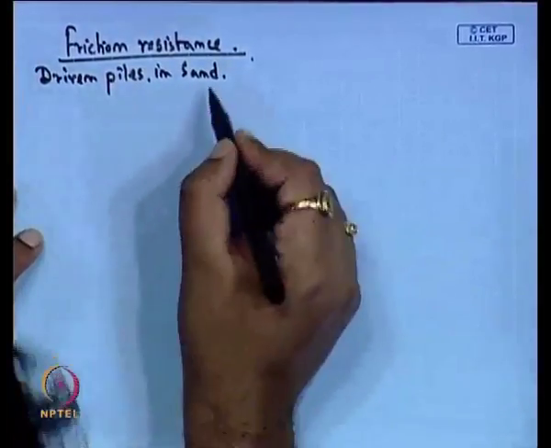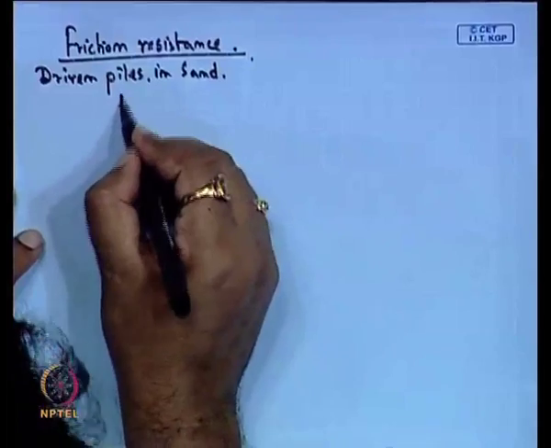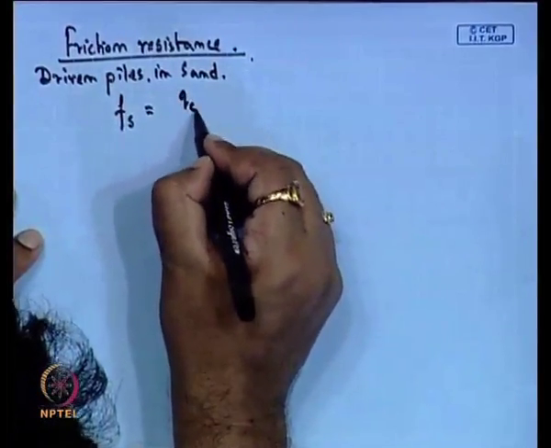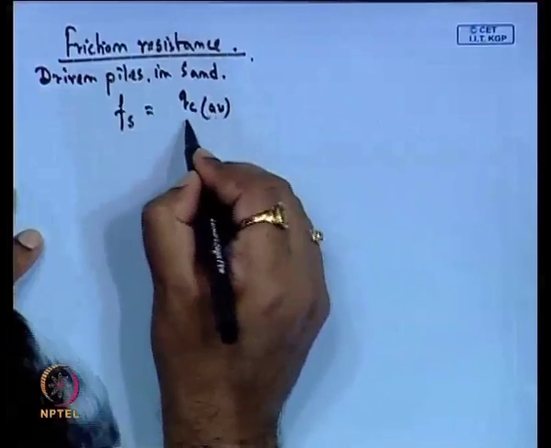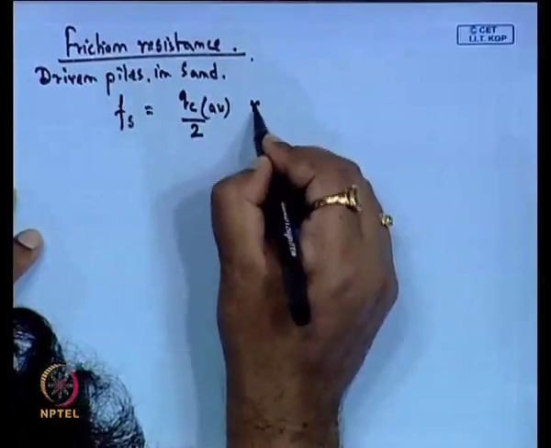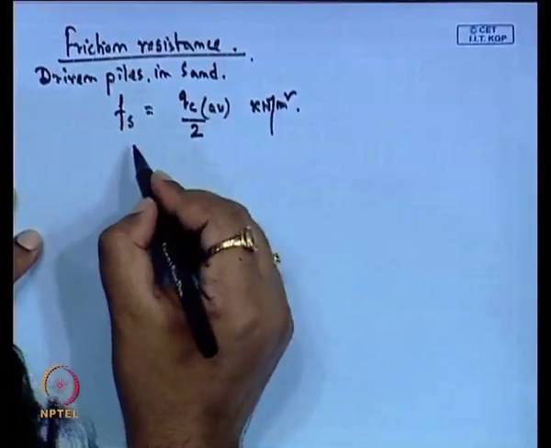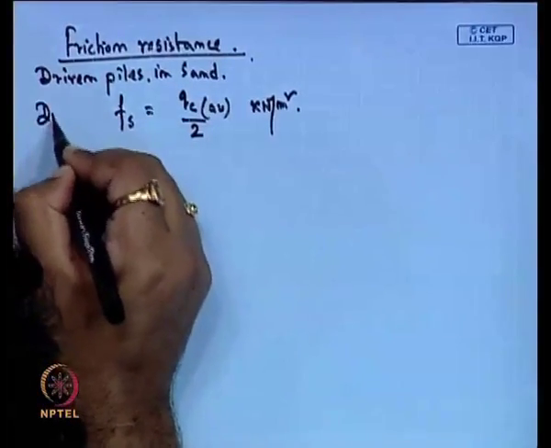So, we are talking about this pile in sand. The friction resistance f_s, we can take as q_c average by 2, in kilonewton per meter square, and this is for the displacement pile.